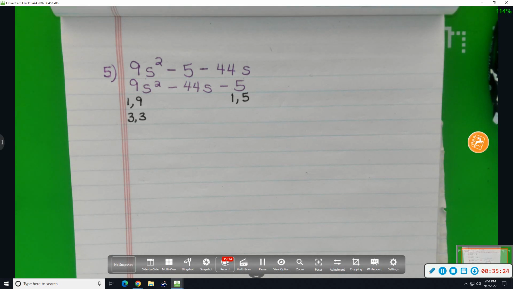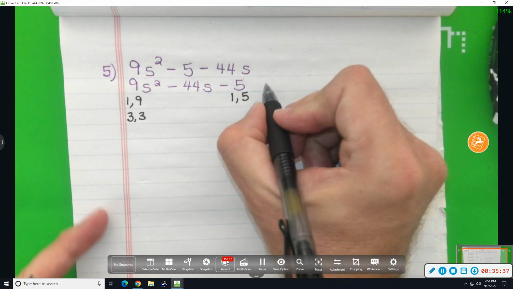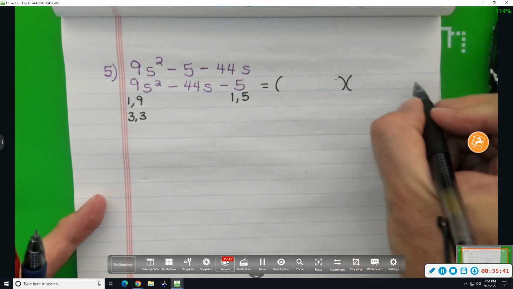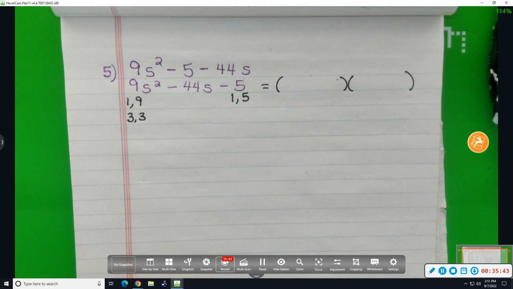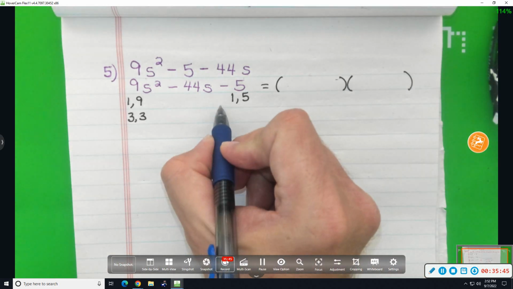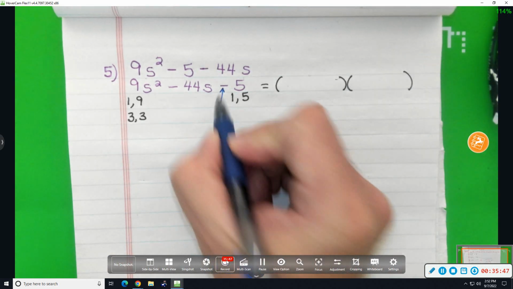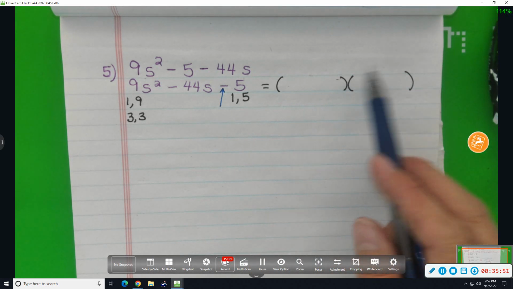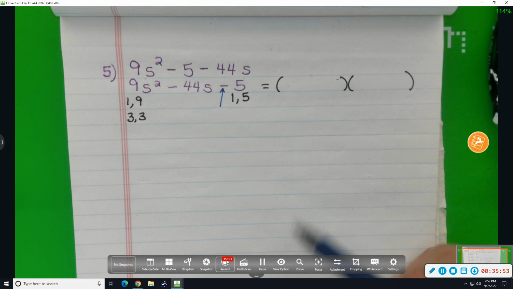I'm going to draw my 2 sets of parentheses, and then I got to decide, okay, should there be 2 pluses in the parentheses, 2 minuses, or 1 of each? How do I decide that? You look at the second sign. That second sign is a minus. That means we need a -5 when we multiply.